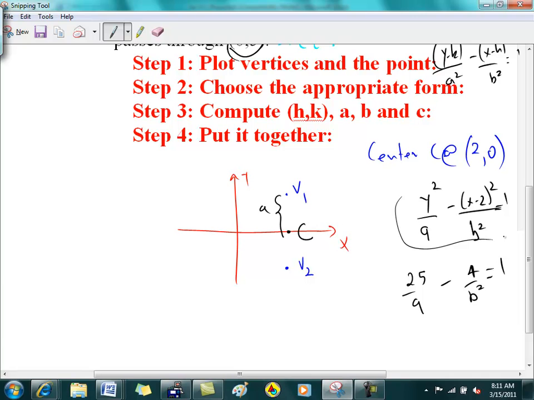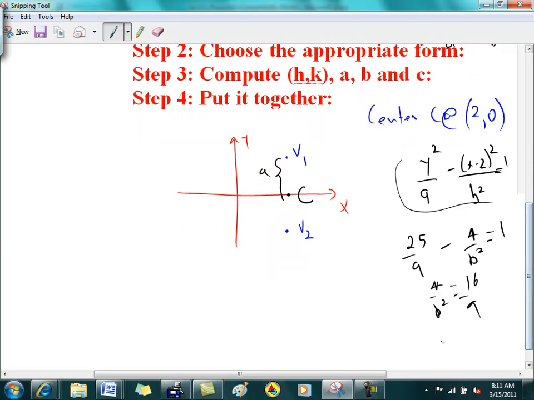So you get 4 over b squared equals 16 over 9. So b squared is equal to 9 over 4. I kind of cross multiply.